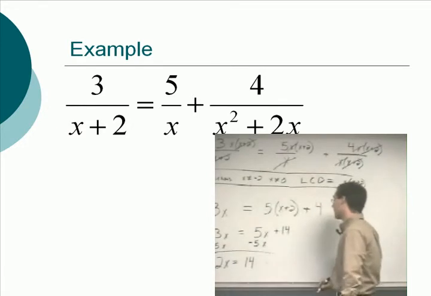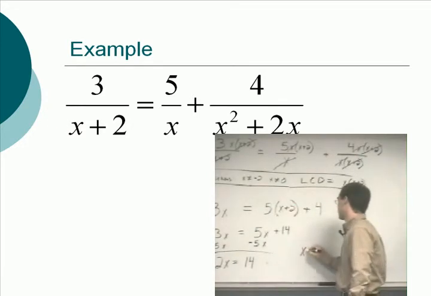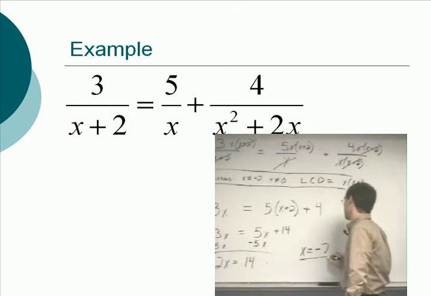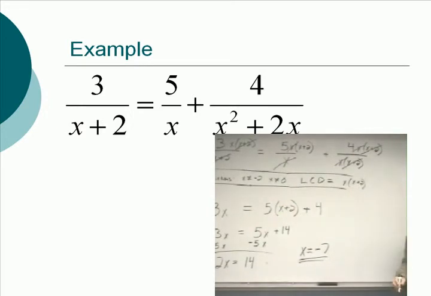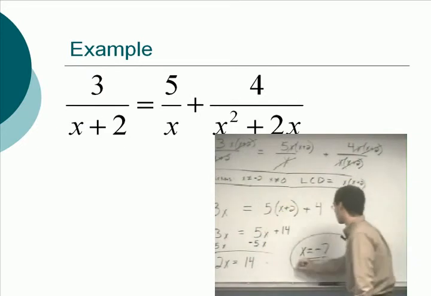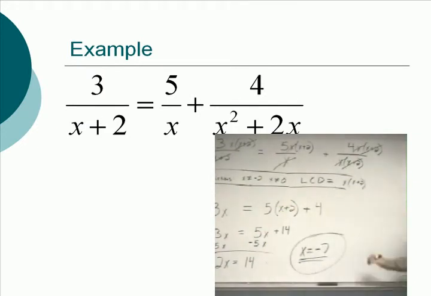So apparently x is equal to negative 7. Now, we can't quit because we need to make sure to check the restriction. Was that a restricted value? Nope, it's fine. So this is our solution.